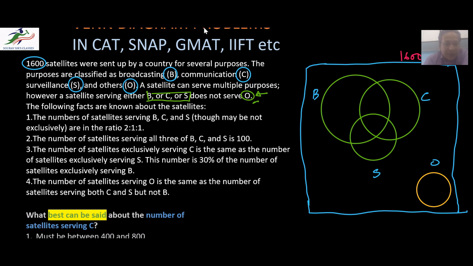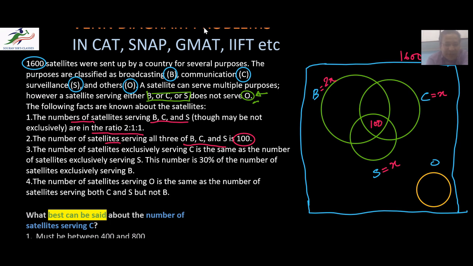Now we look at the other conditions. The first one says the number of satellites serving B, C and S are in the ratio of 2:1:1. So let B be equal to 2x, then C is equal to x, and S is equal to x. The next one says the number of satellites serving all three is 100. So all three means this one is 100.